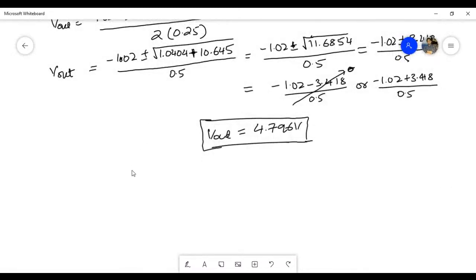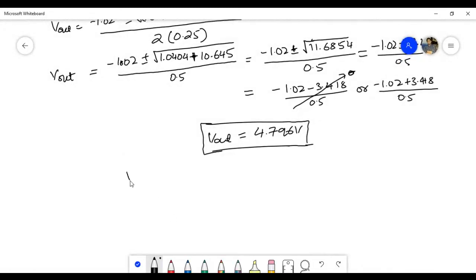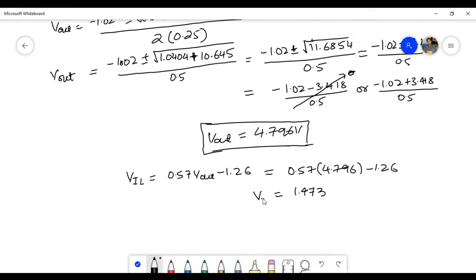VIL is equal to 0.57 V out minus 1.26. So here it will be 0.57 into 4.796 minus 1.26, which becomes how much? 1.473. This is your VIL.